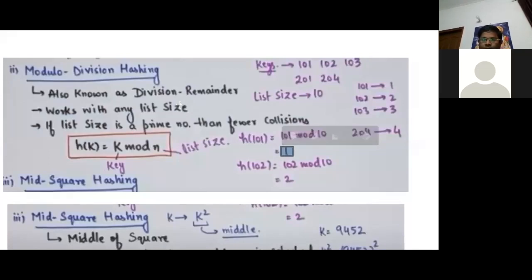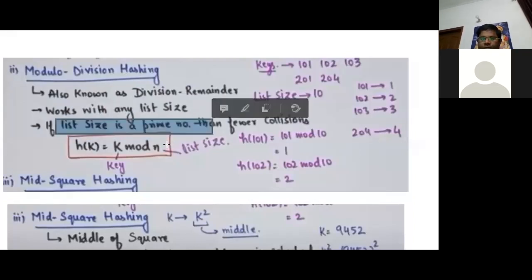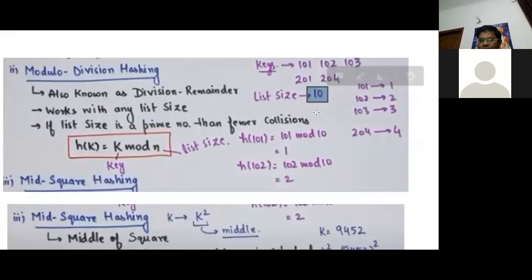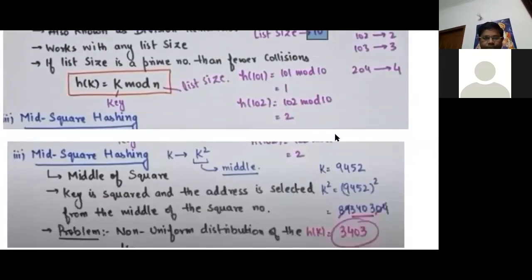So modulo division hashing can cause collisions, but to avoid them you should use a prime number as the list size. Here we are using the list size 10, which is not a prime number, but if you use a prime number, there are lesser chances of collision in comparison to any other values. So this is the second type of hashing technique.